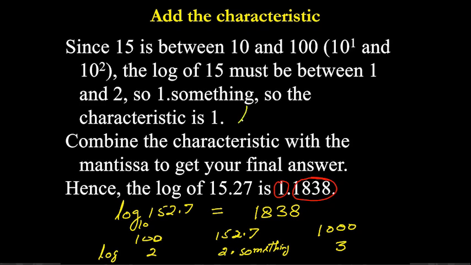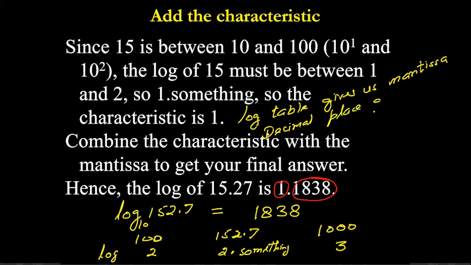So, I'm writing it again. The log table gives us the mantissa. The decimal place gives us the characteristic.